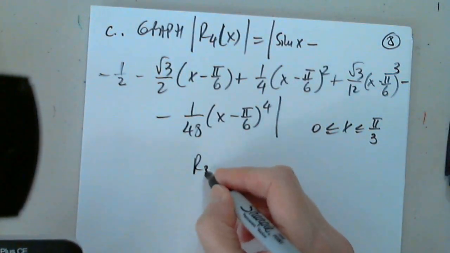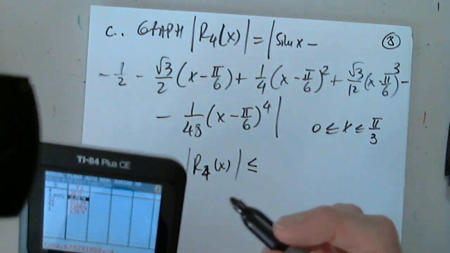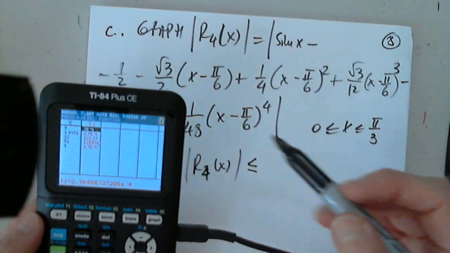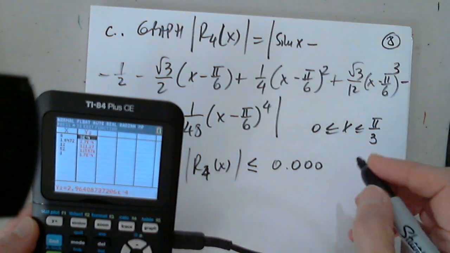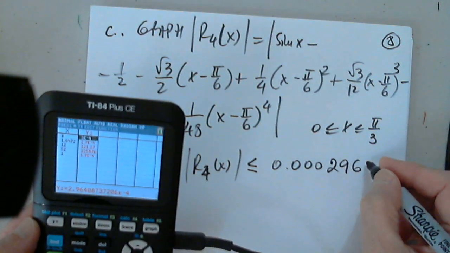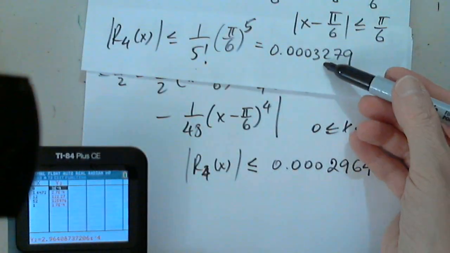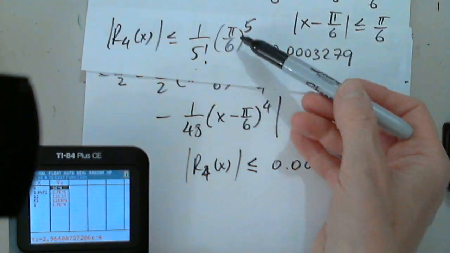So R4 appears to be less than or equal to, okay, the first one is 0.000002964. And obviously, with the graph, we already improved on what we determined with the upper bound.